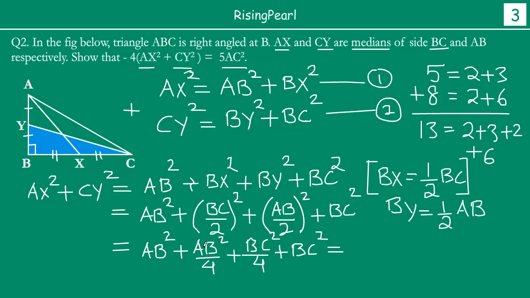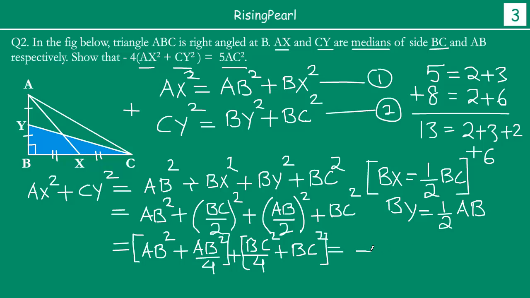So now here, friends, we have essentially AB square and AB square by 4. If you calculate this and this term together, because they are like terms, AB square plus AB square by 4.